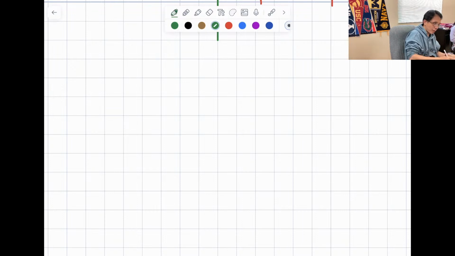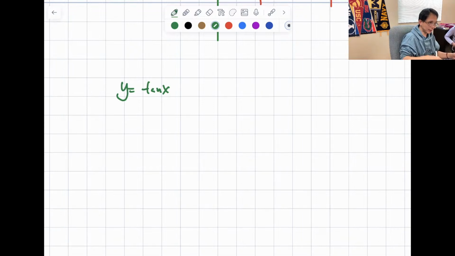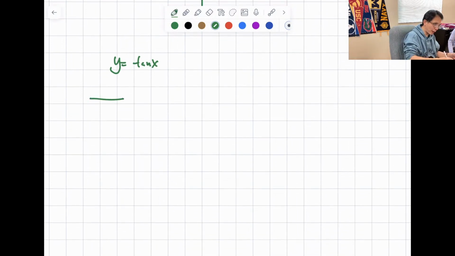Okay, so I'm gonna show you how to graph the tangent of x graph first. Now, the only difference about the tangent graph is that it's not a wave. And the reason why it's not a wave is I'm going to plug in some points. I'm going to show you why. So x and y. I'm going to plug in negative pi over 2.